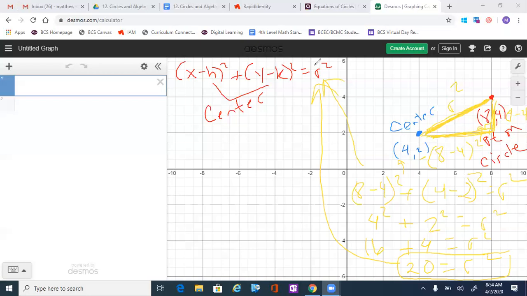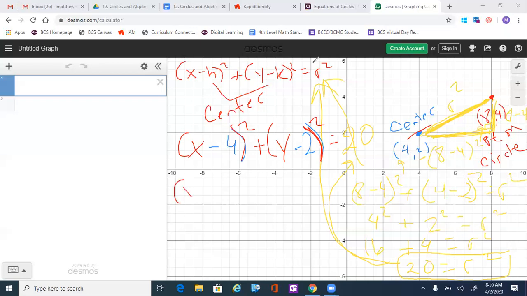This is the center, so I'm going to say (x minus 4) squared plus (y minus 2) squared equals this 20, which is right there. And just to clean it up a little bit, I'd say (x minus 4) squared plus (y minus 2) squared equals 20.